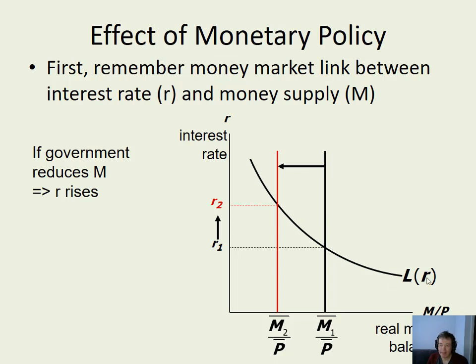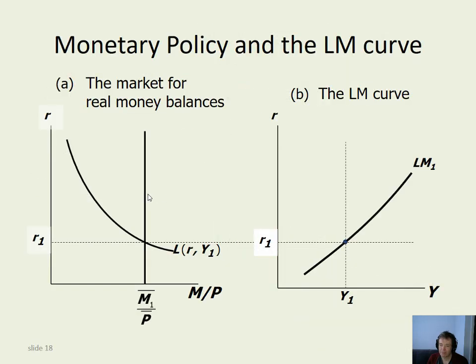But what happens now if the government or the central bank reduce the money supply? If that goes this way, then the equilibrium interest rate must rise. So we can get the LM curve.